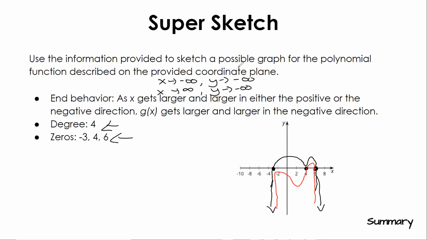Or it crosses here, crosses there, and then bounces there. So there are 3 different answers. When you write it out, the biggest thing is that one of these has to have an exponent of 2.